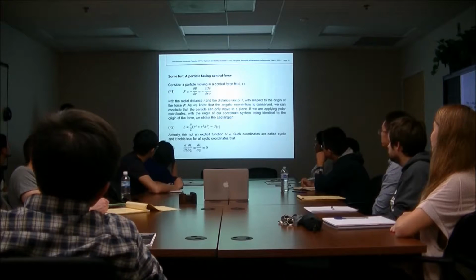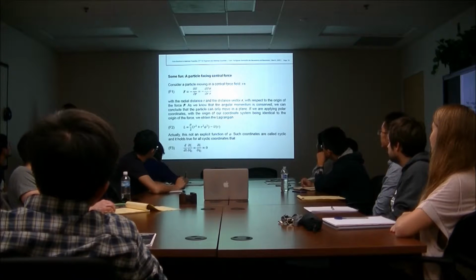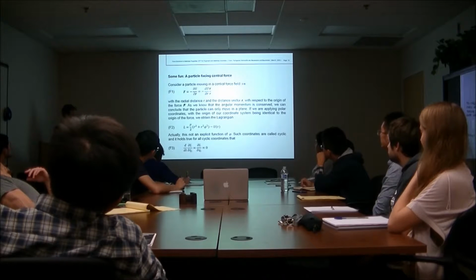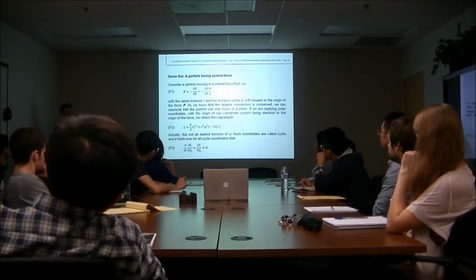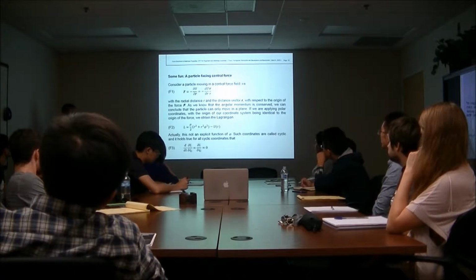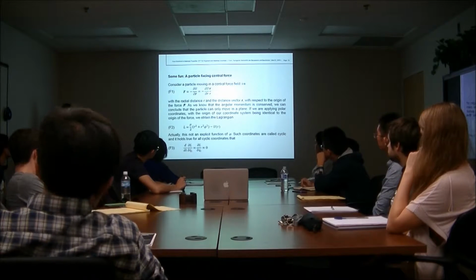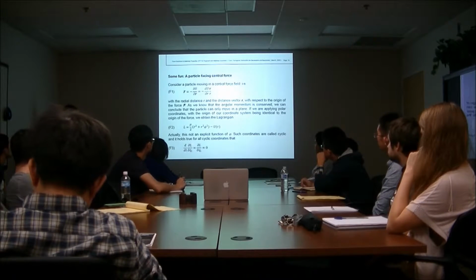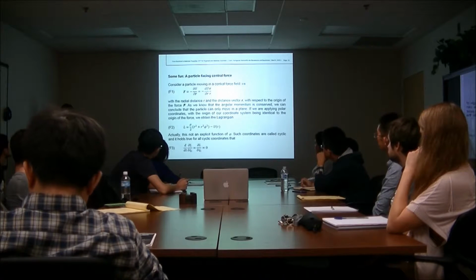This is an important property because such coordinates, which are not explicitly in the Lagrangian, are cyclic coordinates. And the Lagrangian, derived with respect to cyclic coordinates, is always 0, not only for the cyclic coordinate, but also for the temporal derivatives. So this makes things a little bit easier.